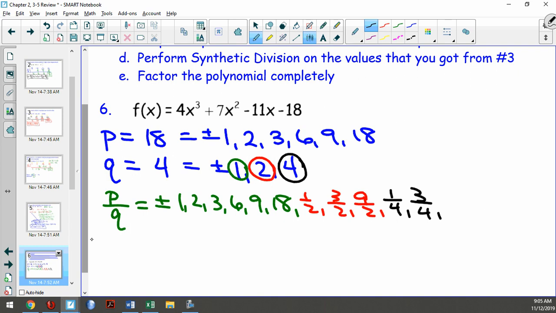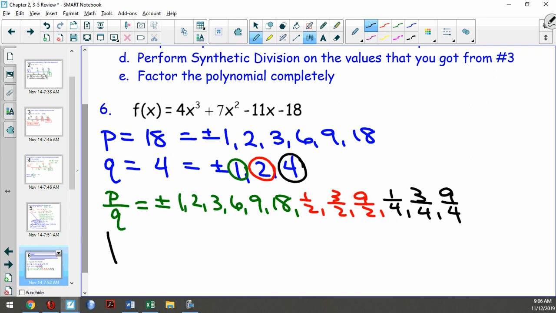Is it in the list already? 9/4. I have to add it. How about 18/4? What's 18/4 reduced down to? Does everybody see how I have all of my numbers now? Yes or no? I promise you, doing it in the method I just showed you is the best way to ensure you are not missing any P over Q values.